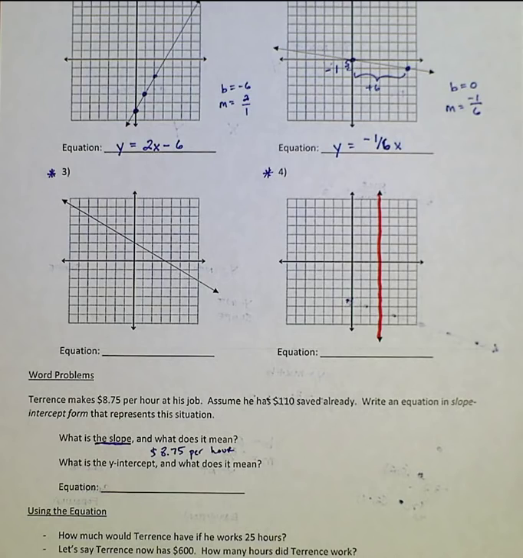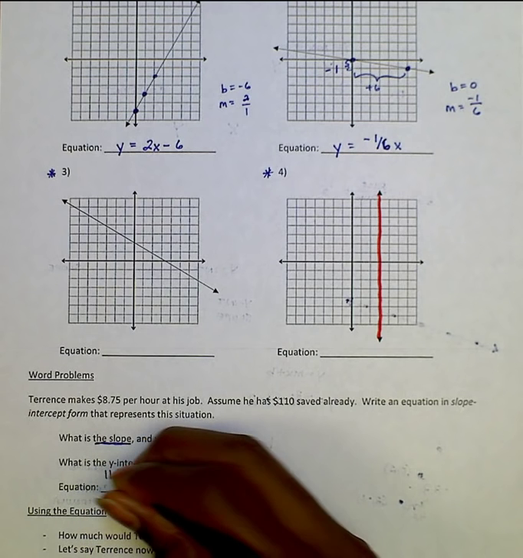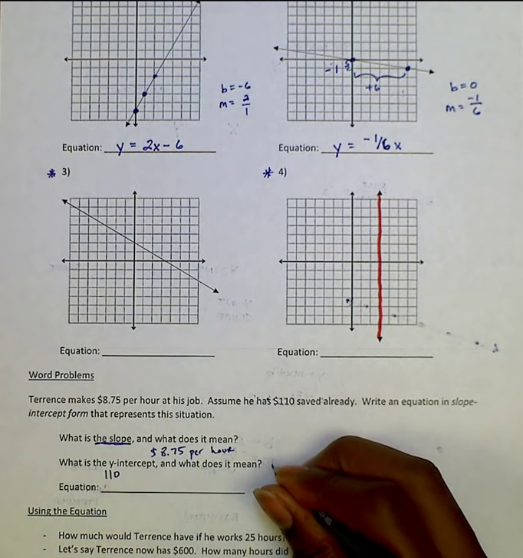What is the y-intercept? Okay, so we think of y-intercept as where does it start? Where does Terrence start? Because we're talking about money. Well, he starts with $110. What does it mean in this situation? He starts with $110.